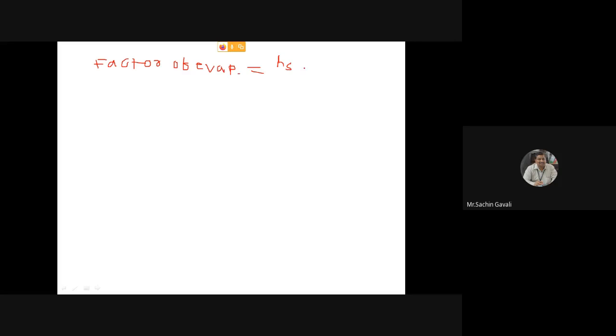So this factor is always more than 1, correct, na? And how much are we getting now? HS minus HW upon 2257 is equal to 1.119. I will consider it as 1.12 because my space is less. So this is the second answer.